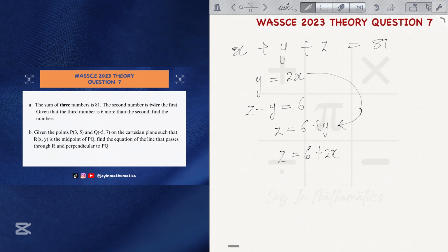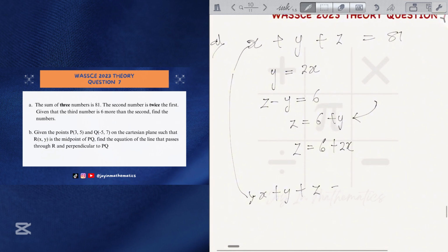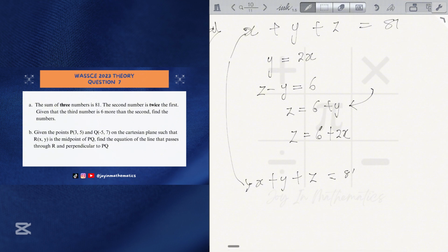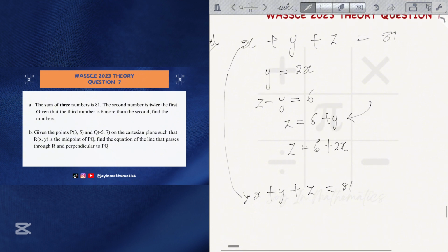Now we can bring back this equation, that is X plus Y plus Z is equal to 81. Wherever we see Y, we substitute 2X because Y is equal to 2X. And wherever we see Z, we substitute 6 plus 2X.